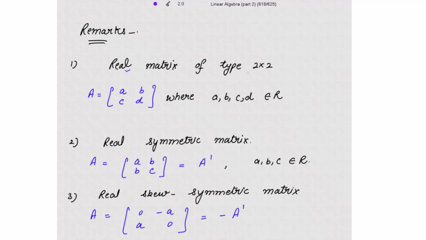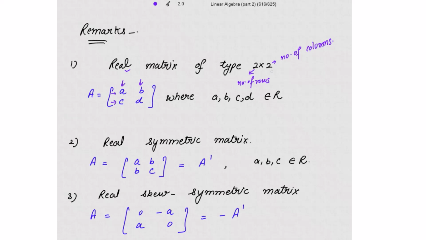Now if your matrix is of the type 2 by 2, which means you have number of rows 2 and number of columns is also 2. This 2 represents the number of rows and this 2 represents the number of columns.